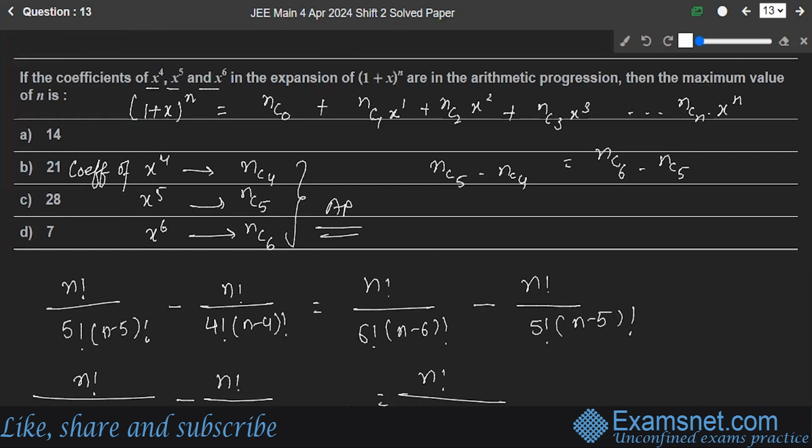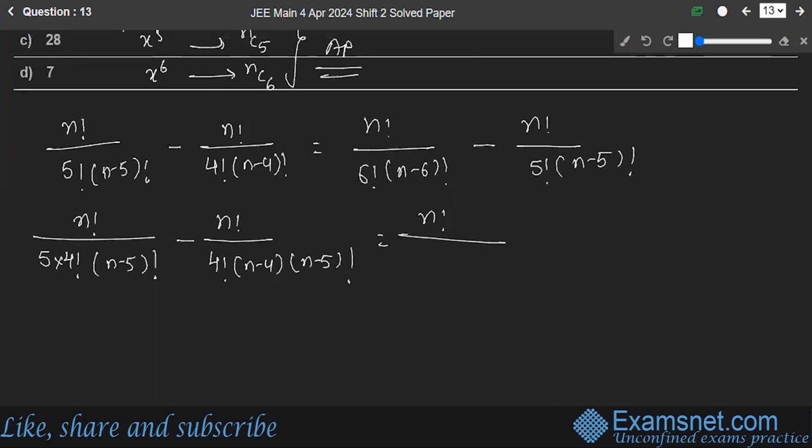I'll break up the 6 factorial as 6 into 5 factorial into n minus 6 factorial, minus n factorial upon 5 factorial into n minus 5 into n minus 6 factorial. So let's cancel out the things which can be cancelled from both the sides.